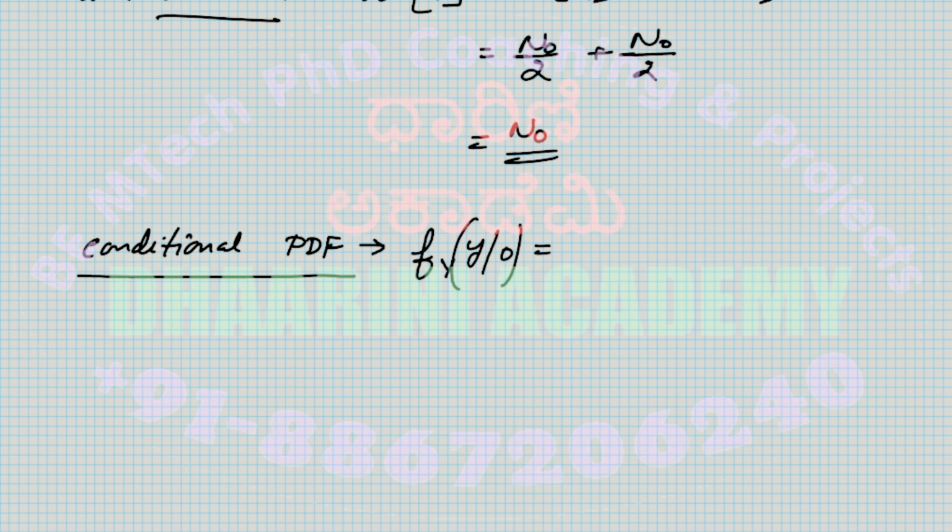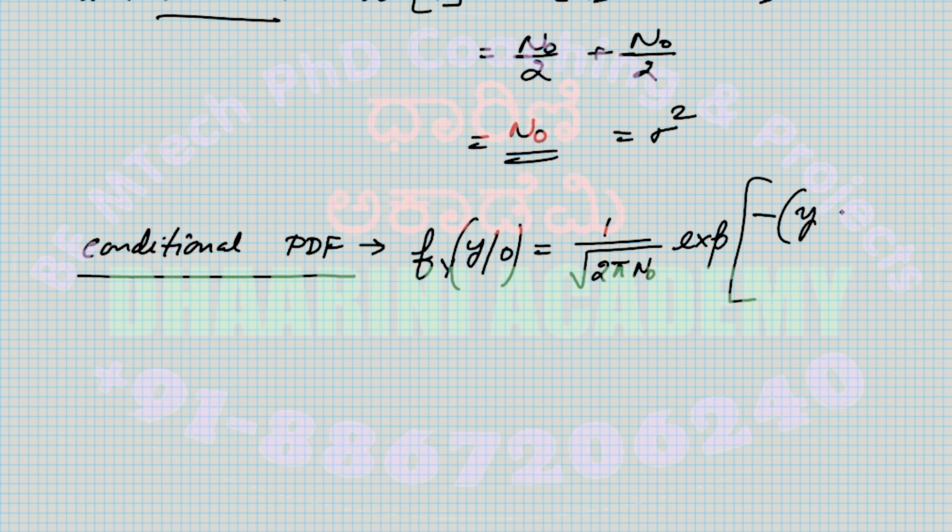This has to be equal to the same 1 divided by root of 2 pi sigma square, where sigma square is n naught itself, into e to the power of exponential of minus of y minus, when 0 was sent it is minus root Eb, so minus of minus is plus root Eb, whole square divided by 2 times sigma square, which is n naught. So this is the conditional PDF.